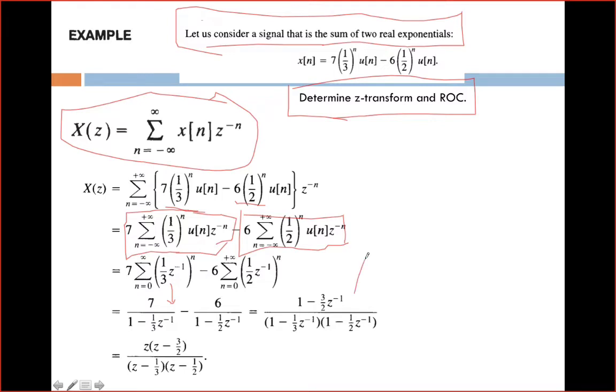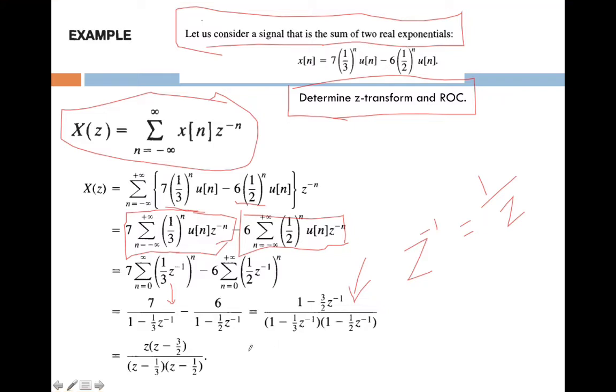This equation is in terms of z^-1, so I convert it in terms of z by substituting z^-1 equal to 1 divided by z. If I do that, I get z into (z minus 3/2) divided by (z minus 1/3) into (z minus 1/2).